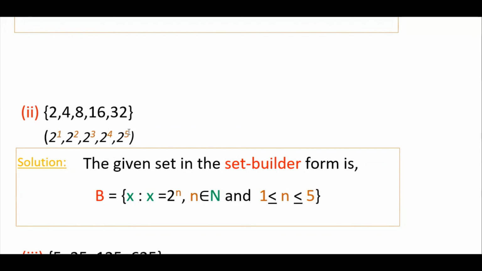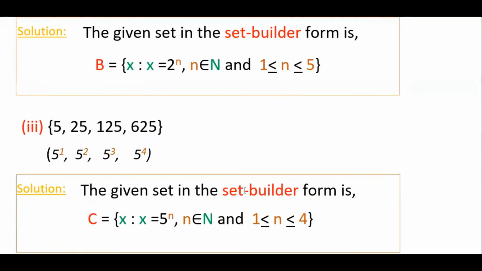So you have to write these numbers as 2 to the power of n, where n is from 1 to 5, again natural numbers. So B = {x such that x = 2^n, n belongs to capital N, and 1 ≤ n ≤ 5}.